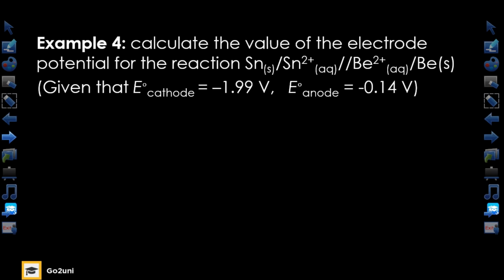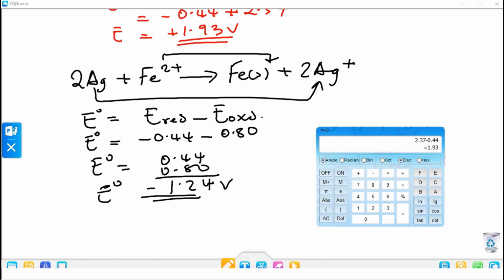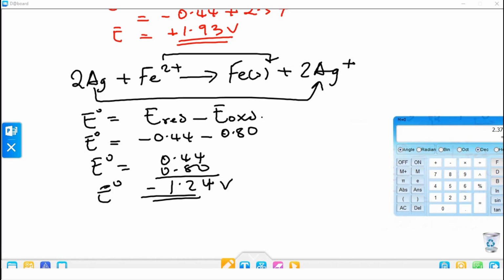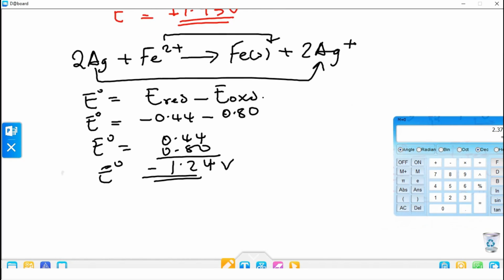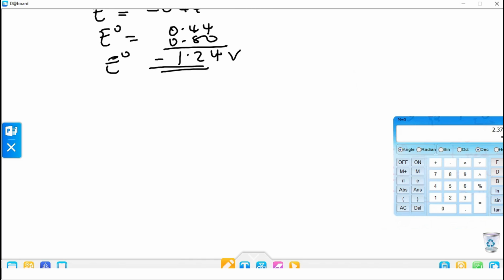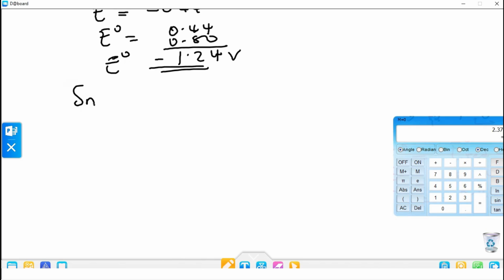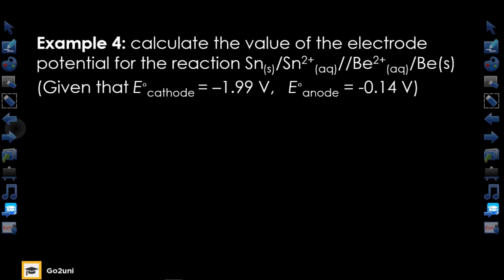So looking at that, from our value given to us, first, from the equation, we are told that tin has been oxidized from 0 to plus 2. Beryllium has been reduced from plus 2 to 0.